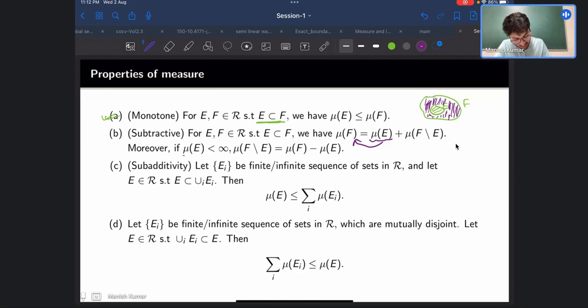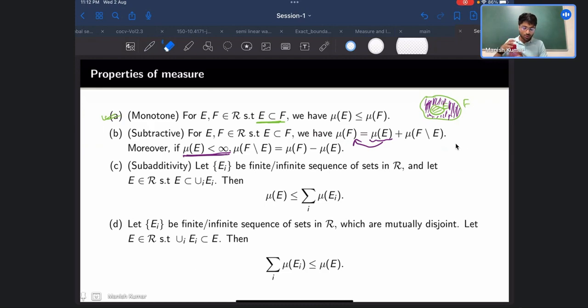Why are we taking this condition? Because if mu of F is infinity, and this is also infinity, then we cannot make sense of infinity minus infinity, right? That is not sensible. This is why only when the measure is finite can we take it to the left hand side.